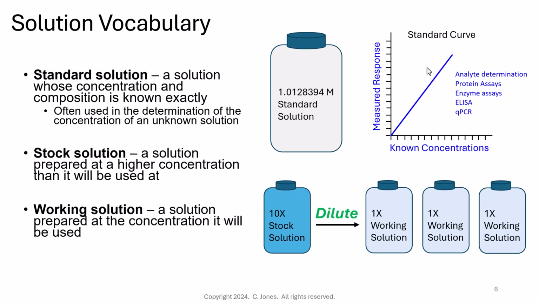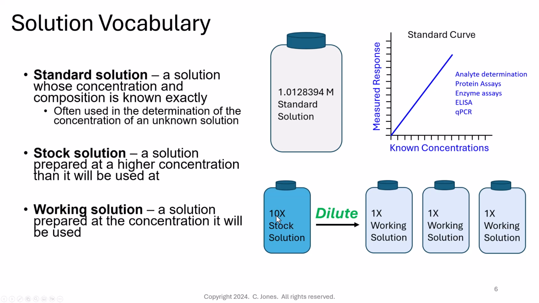So the advantage of a stock solution is the idea that we only have to make this one solution, especially if it's multiple components. We may make the stock solution 10 times, right? That's what the 10x means, 10 times more concentrated than we actually would use it. Right? So the working solution is the solution we actually use, and that's often 1x.